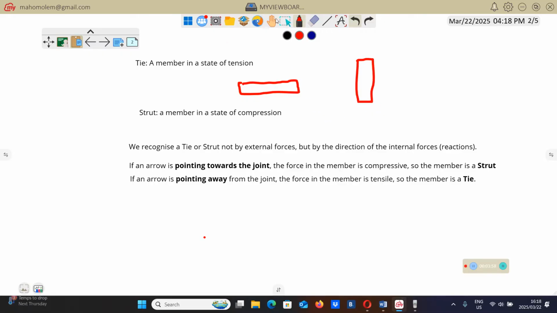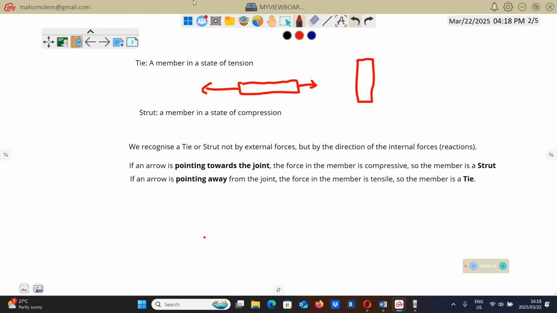So if you take this thing and apply a force in this manner, this component is going to stretch, it's going to get pulled.